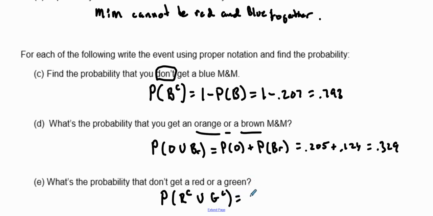So two different ways of doing this. We could take 1 minus the probability of getting a red, and we could add that to 1 minus the probability of getting a green. We add those two together, and that's what we'd have, because those are the probability that we don't get a red or green.